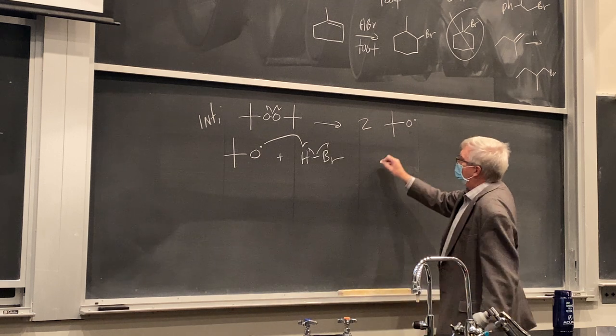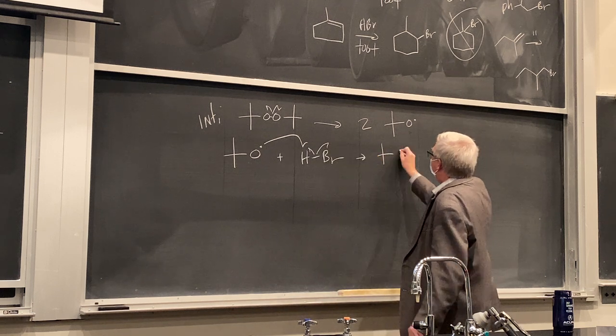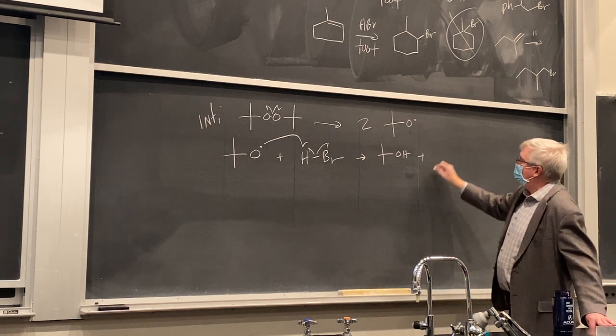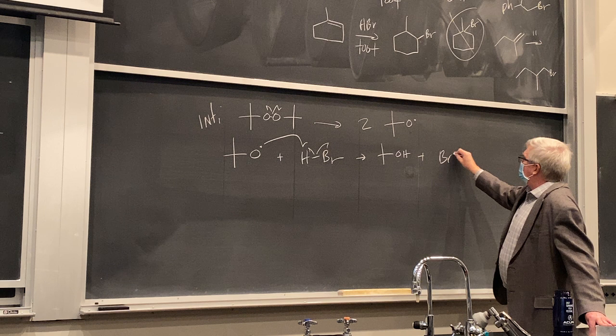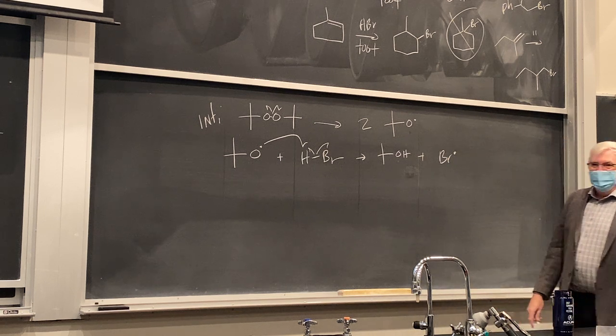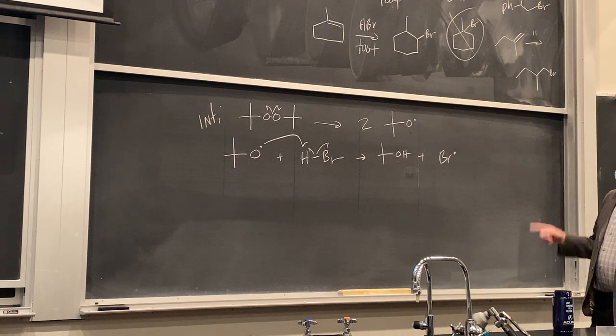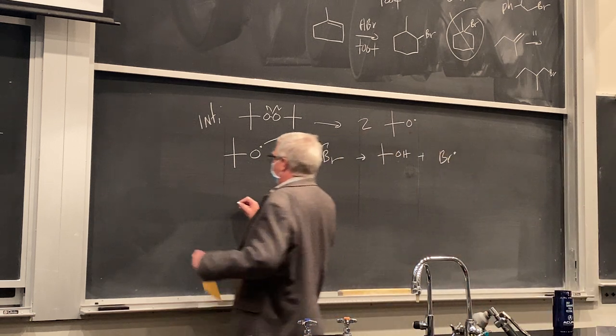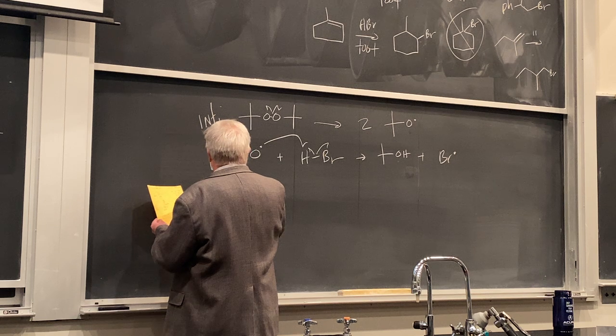So keeping track of all the electrons, what do we get? We get the stable tert-butyl alcohol, which is a byproduct here of the initiation, and we get bromine radical. And that's the key, right? Bromine radical now. Well, we're going to add that to our alkene.